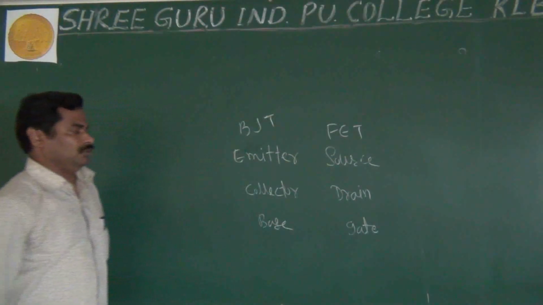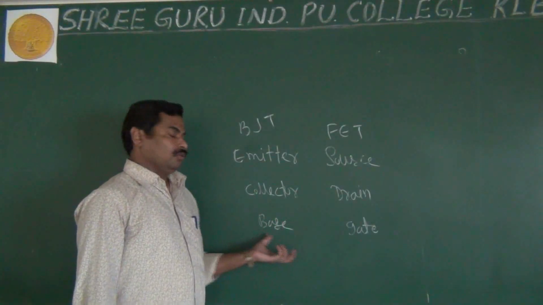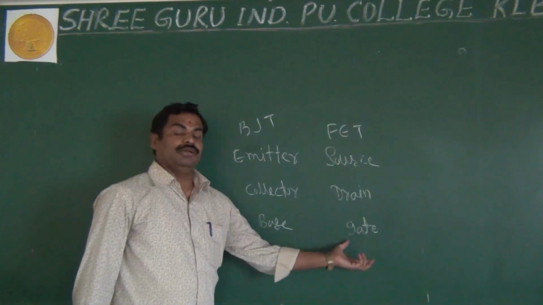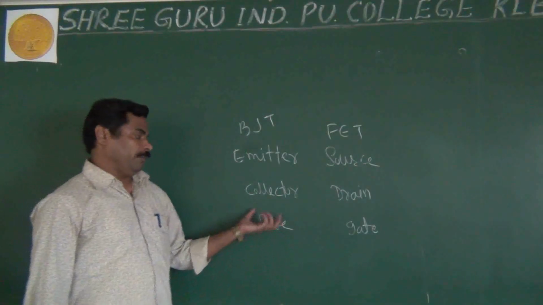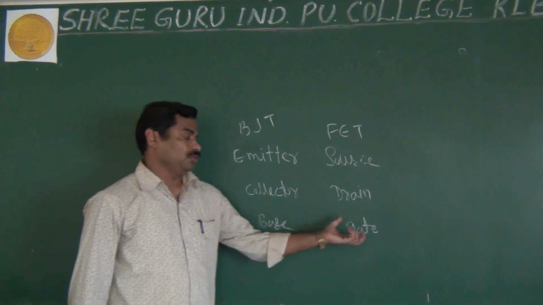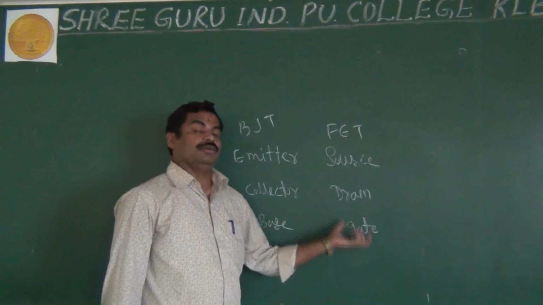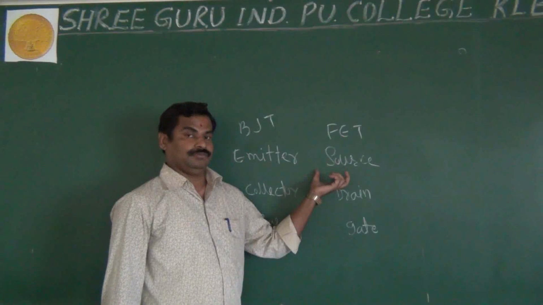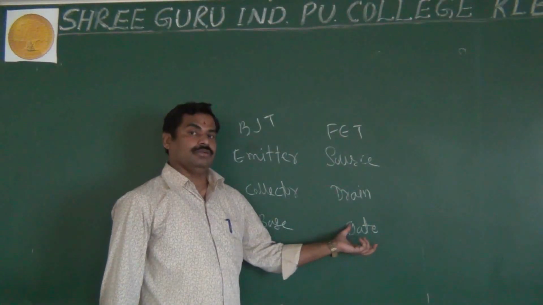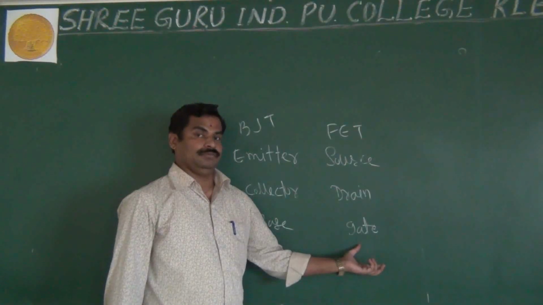What is the main use of the base? Here the base is to control the flow of current. Here also the gate is the terminal through which you can control the flow of current.